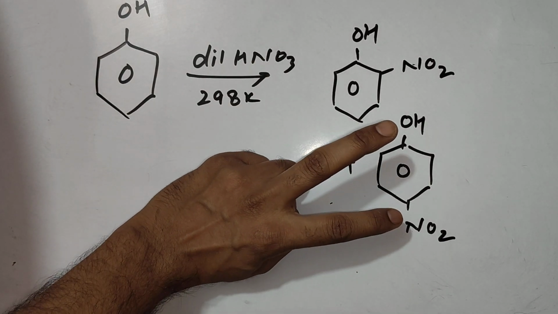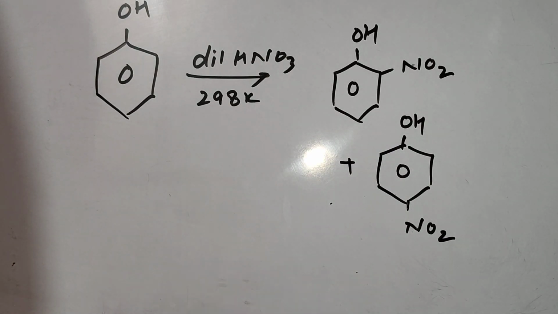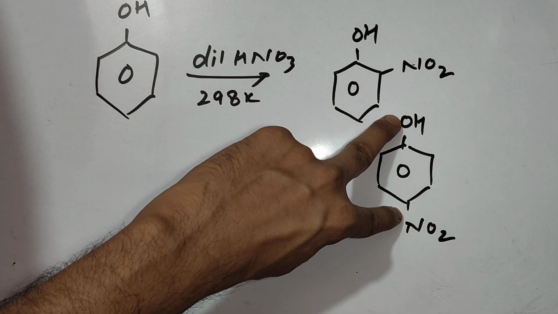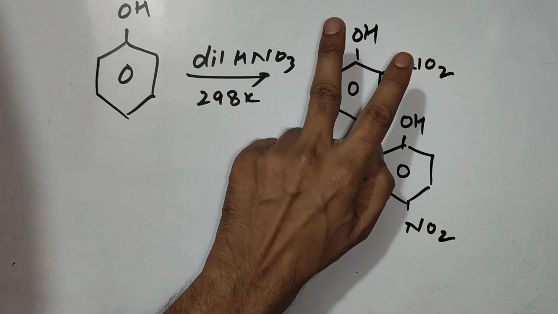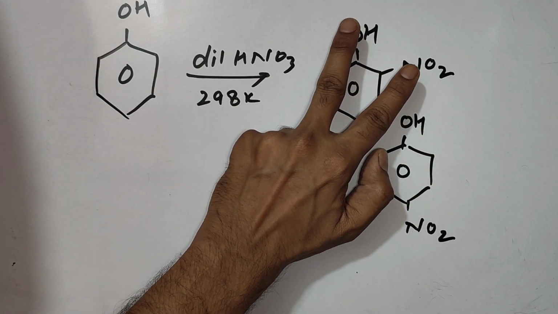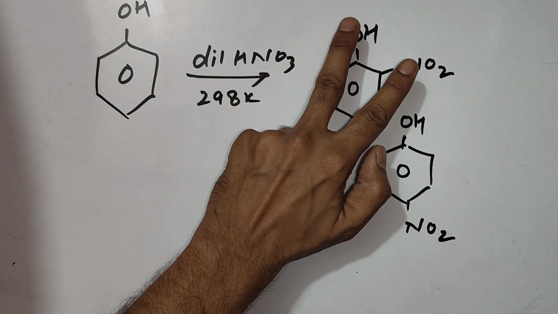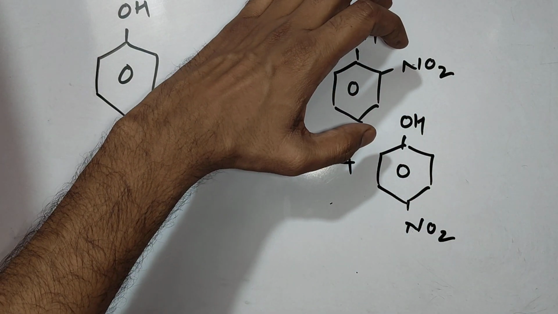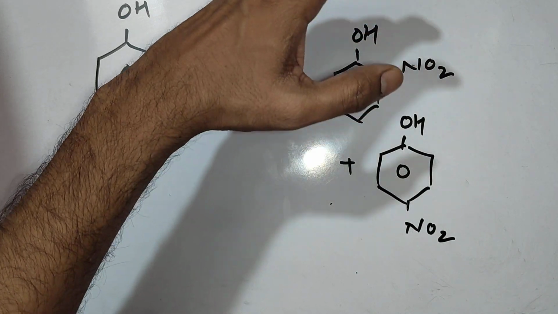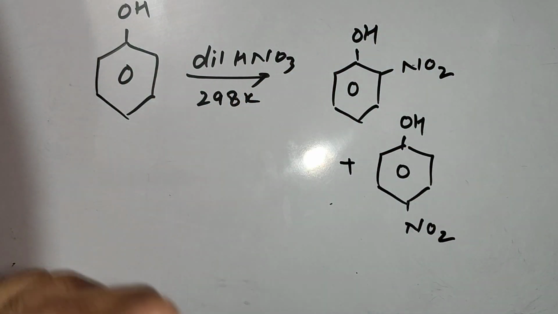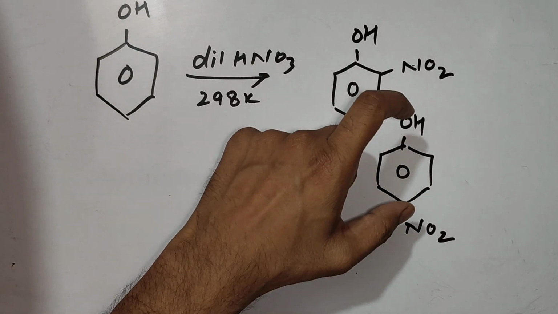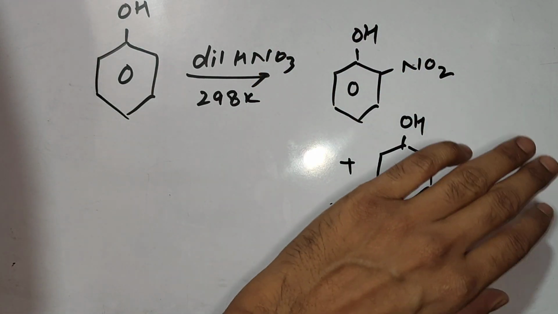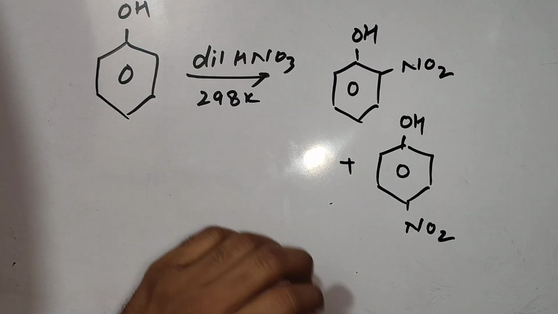As I told you, para substituted products are major products because the groups are far away from each other, there is no steric hindrance or repulsion problem. But in ortho, the groups are very close, so they feel repulsion or steric hindrance problem. That's why the molecule will become unstable. So ortho substituted products are less, or you can say minor amount, and para substituted products are in large amount, major product. But here in this nitration process, exceptional behavior is there.